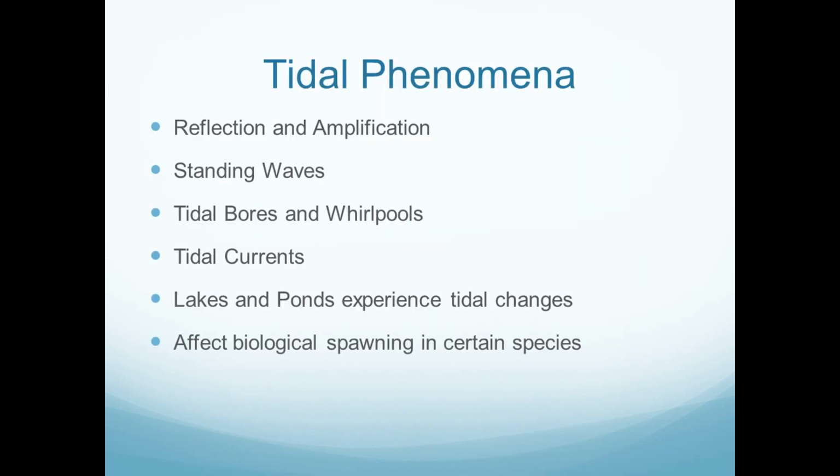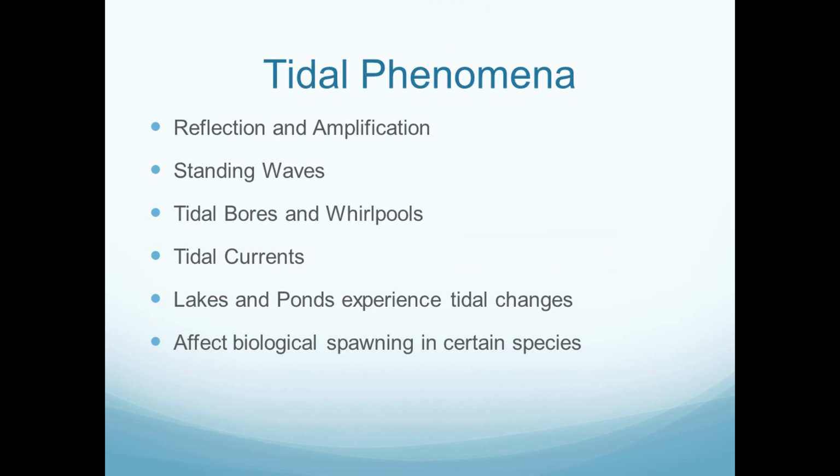So something to keep in mind with tides, there is reflection and amplification of tides, and this is primarily due to the interactions between the sun and the moon on the earth. So if they're both in line, then you can expect an amplification of the tides. You can also have a reflection of the tides, like off of different objects.